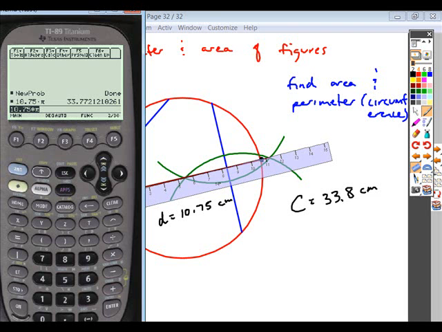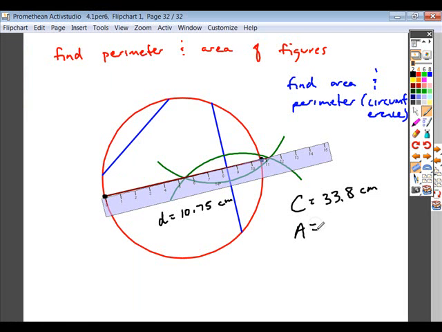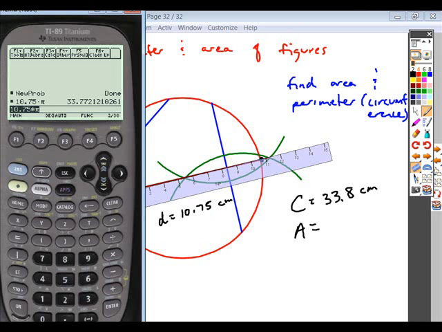Now, what if I then wanted to find the area? Do I take my measure for the diameter and do what with it to find the radius? So if I take 10.75 and divide it in half, that gives me my radius. And now what can I do with that measure?